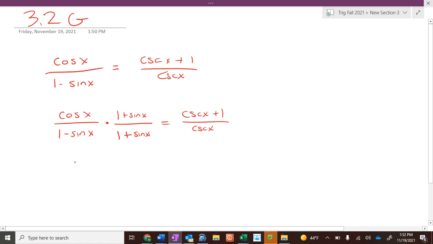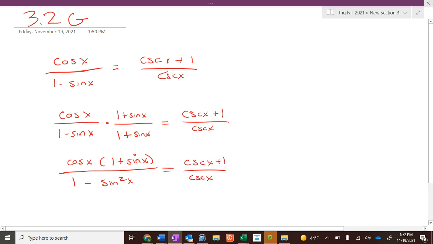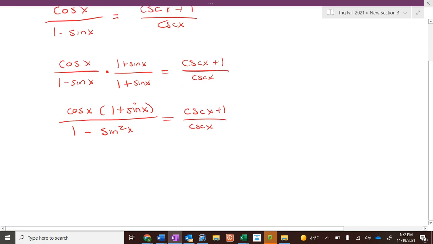All right, so you have cosine, and I'm going to leave it factored out for now, just because I know what's going on with this one. What's 1 minus sine times 1 plus sine? 1 times 1 is 1. Outers and inners in conjugate pairs always cancel. What's sine times sine? Sine squared of x. What's 1 minus sine squared of x equal to? Cosine squared of x, right?